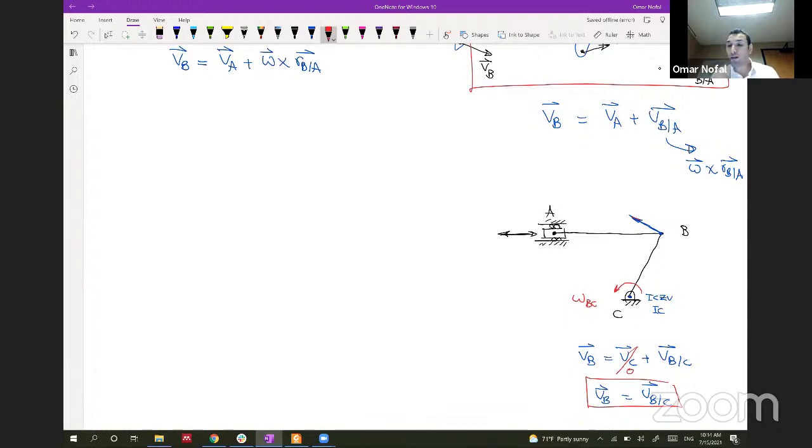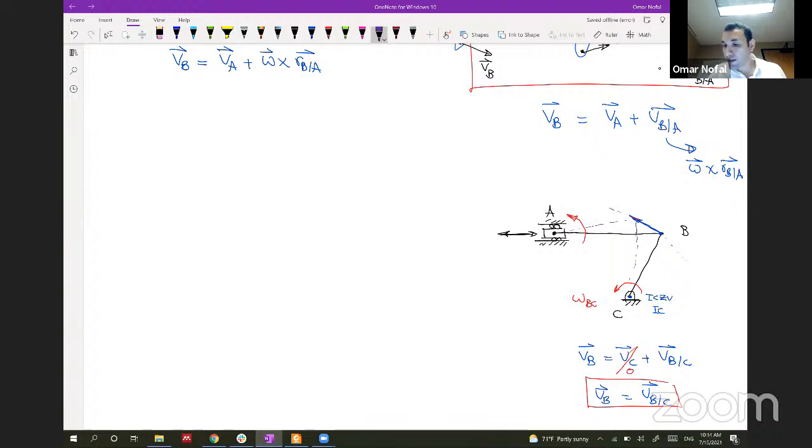So what if we want to get the VB with respect to A? Right now, A moves. When this arm moves with this omega, this one will be moving this way. For example, if this body, let's make a circle like this, and if our body comes here, it will be something like this.